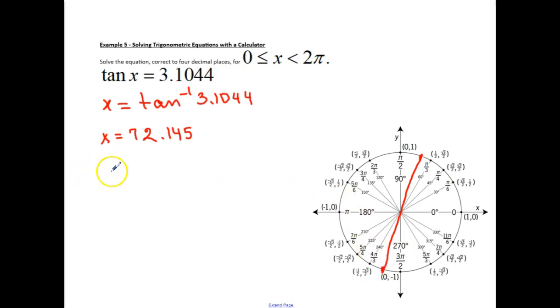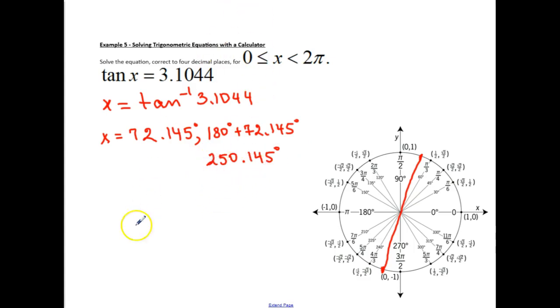So your calculator is only going to give you one solution, but you should be able to use your knowledge of trig to give the second solution. And that solution is 180 degrees plus the found reference angle. So that adds up to 250.145 degrees. Okay? So now we have 2 solutions.